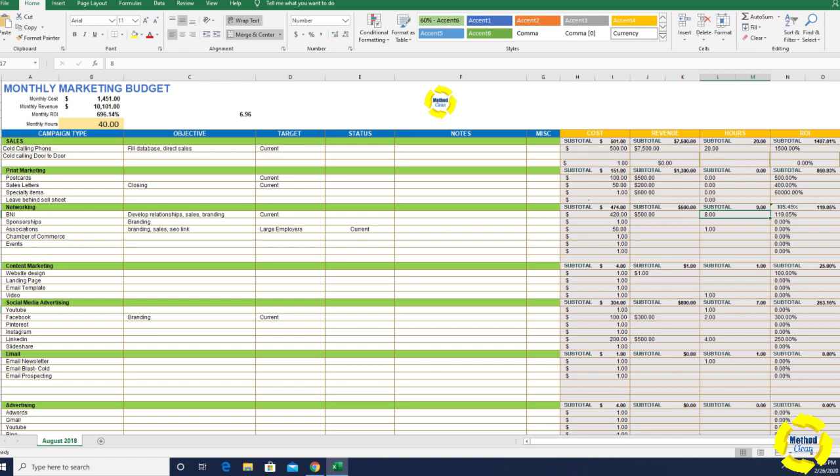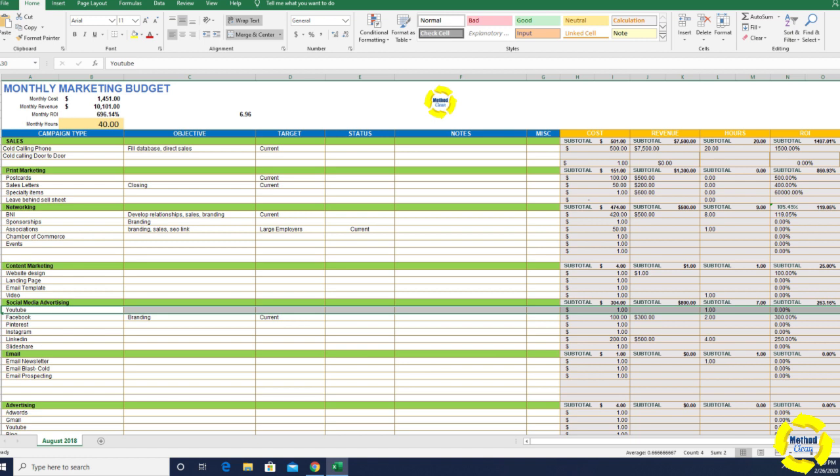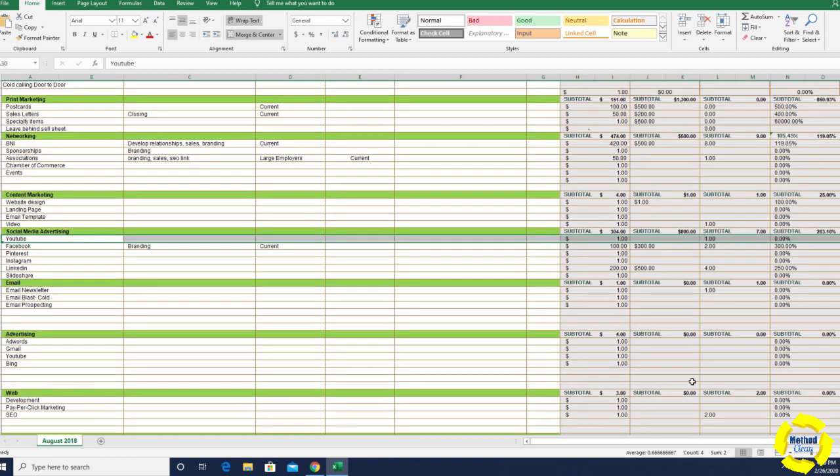Another example is with some of these platforms. A lot of times, when I talk to people, they'll say, well, I don't have time for this and I don't have time for that. But some of these social media platforms, you don't necessarily need to be spending hours and hours of time. I mean, some of these, like YouTube, I might only spend a couple hours all month on it. So it can be well worth your return on investment.